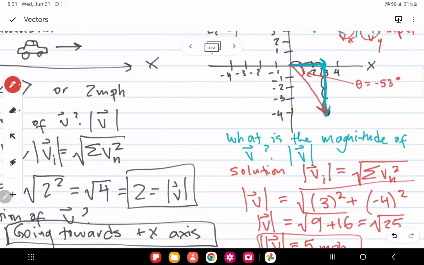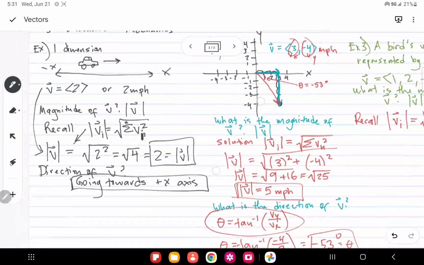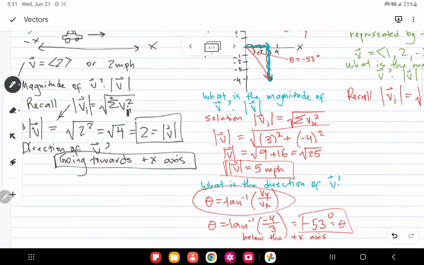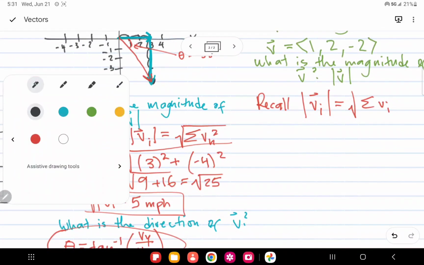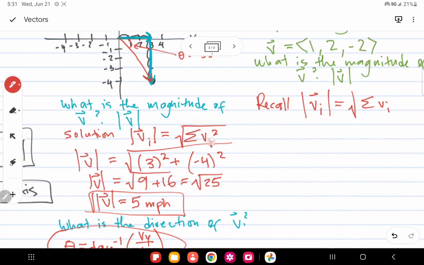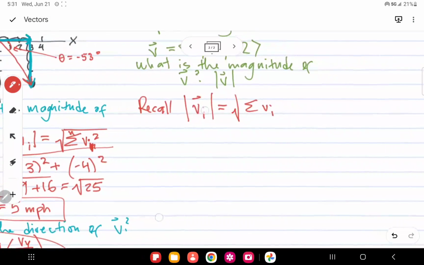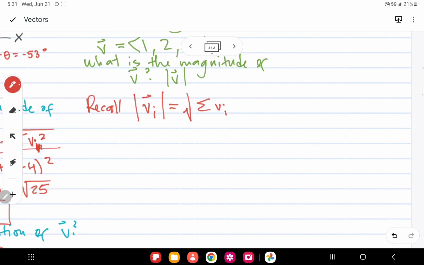Oh, I should have probably changed this to I and then N. Sorry about that. So yeah, N is the number of dimensions, I is the component.